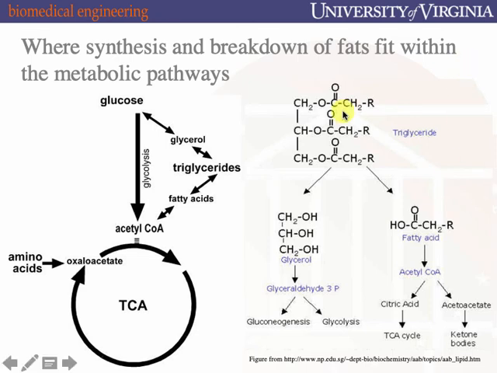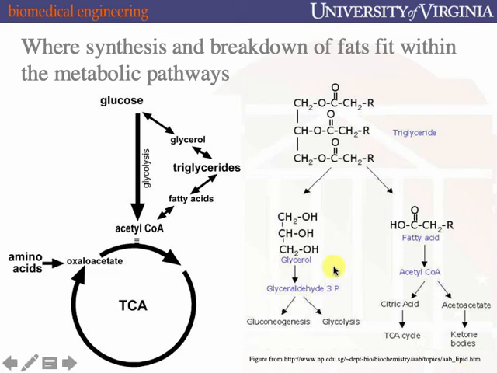At the end of that triglyceride breakdown, there's still the glycerol backbone that needs to be metabolized. It will get phosphorylated, I should say phosphorylated and oxidized, into glyceraldehyde 3-phosphate, which is another intermediate that you're aware of from glycolysis.